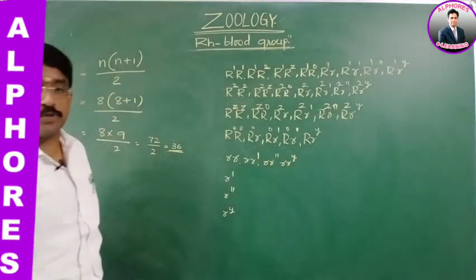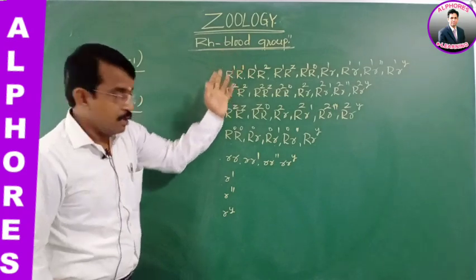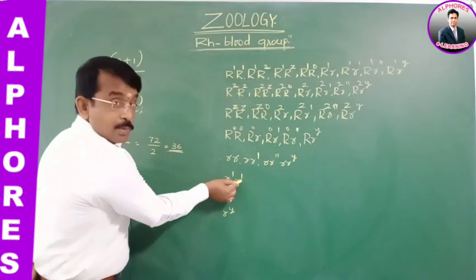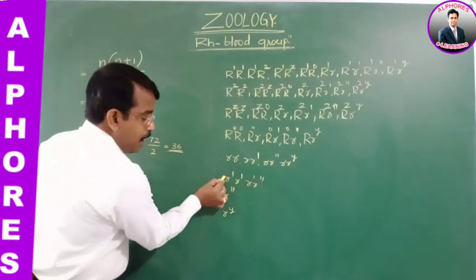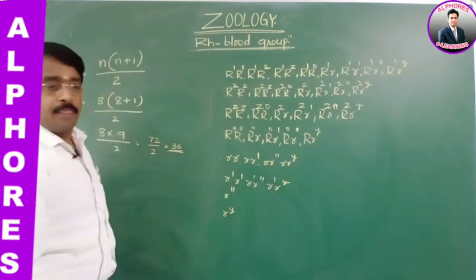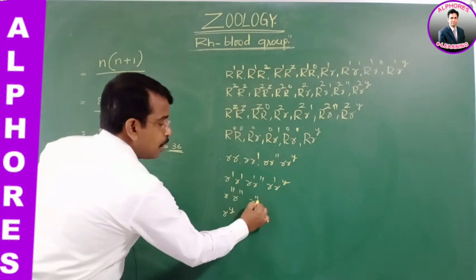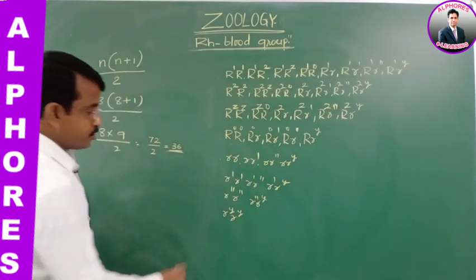So you have to take all possibilities. Next, R1 R1, R1 R2, R1 Ry. Next, R2 R2, R2 Ry. Then Ry Ry. Look at here.